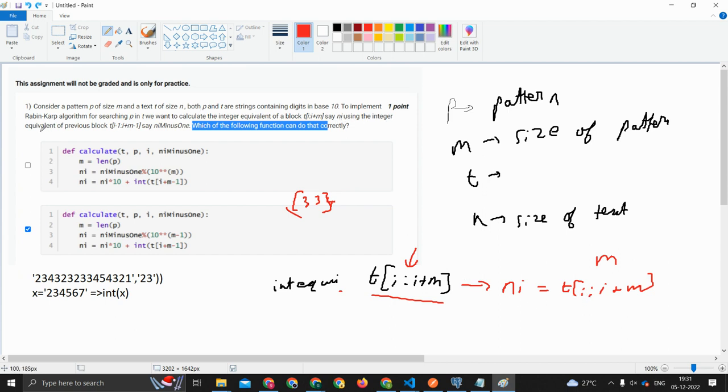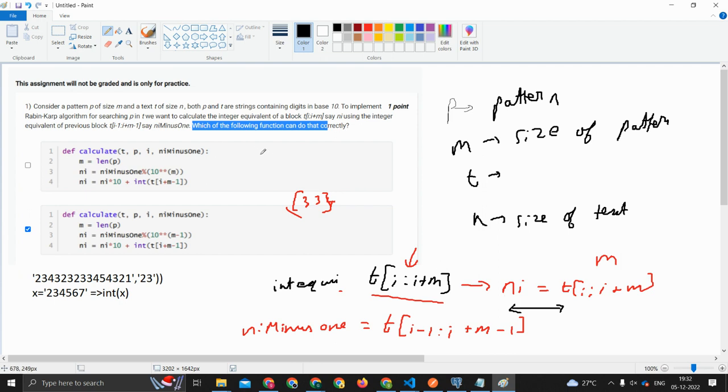Where are we? And the equivalent of the previous block, this ni minus 1, equal to t of I minus 1 to I plus m minus 1. So do we have a similarity here? Sir, is it just the previous element, starting from the previous?